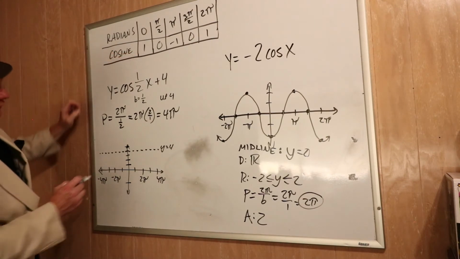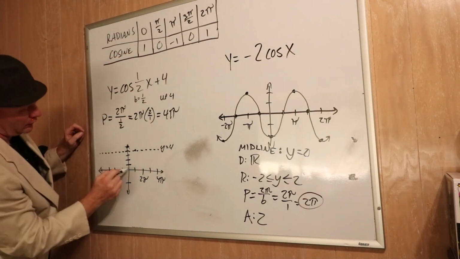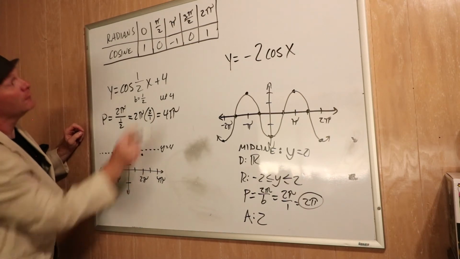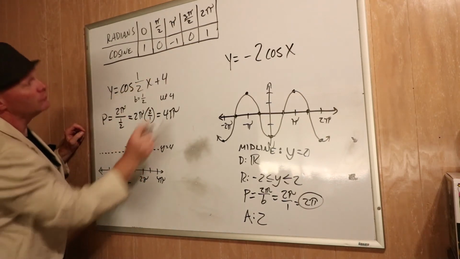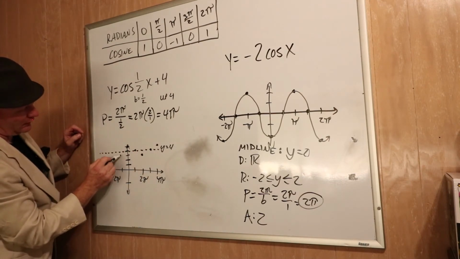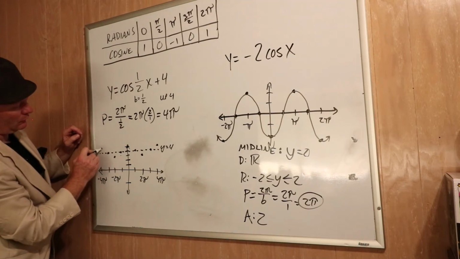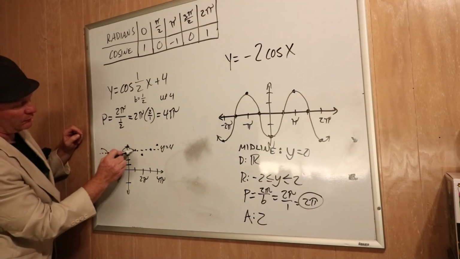And then it's going to go down to 0, 1 below the midline. Back to 0. 1 above the midline. And then once I get those 5, I can put the other ones in.